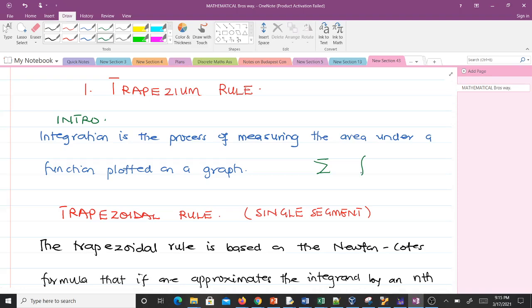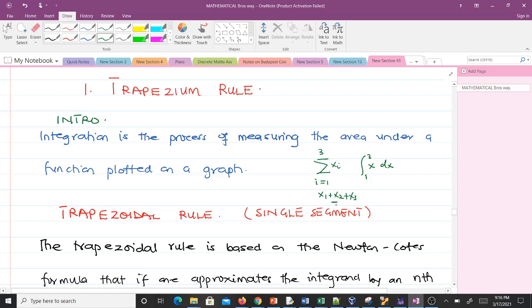So for instance, we can sum x starting from 1 to, let's say, 3, and we can integrate x from 1 to 3, right? With the summation, that means you are going to have x1 plus x2 plus x3.